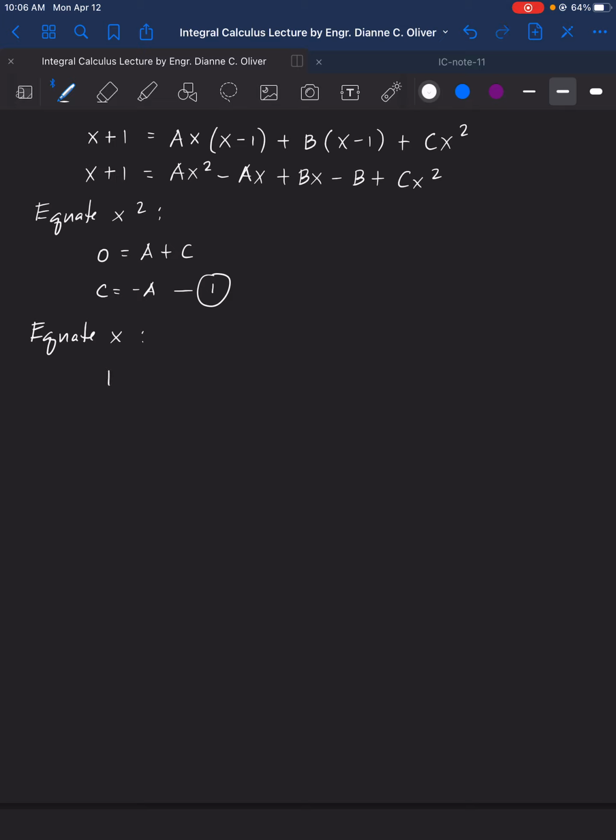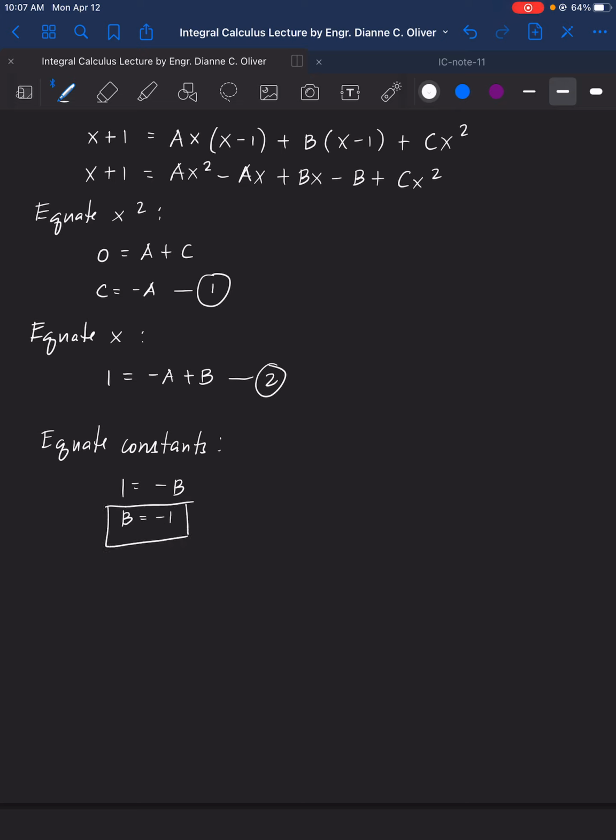So we have here 1 equals negative a plus b. That is equation number 2. Next, let's equate constants. So we have constants 1 equals negative b. So b is equal to negative 1.